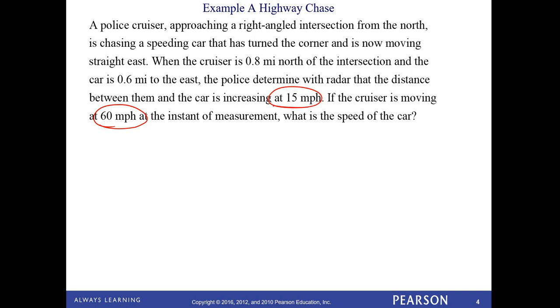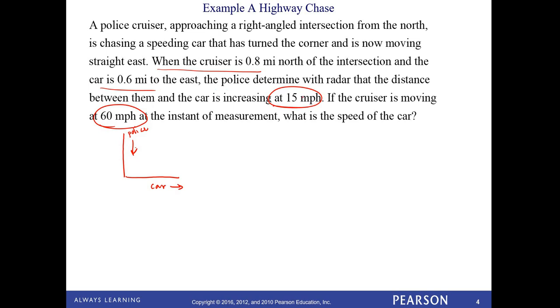So let's draw a picture and see what we can come up with. A right-angled intersection, and the police cruiser is coming from the north, and a speeding car is moving east. So this is the police, and they are moving this way, and this is the car, and it's moving this way. This instant in time, we're going to save till the end.